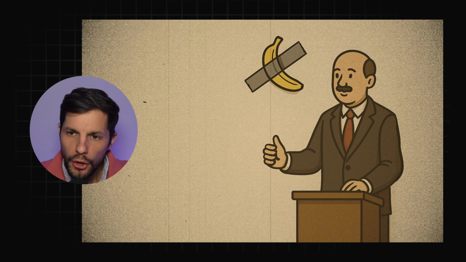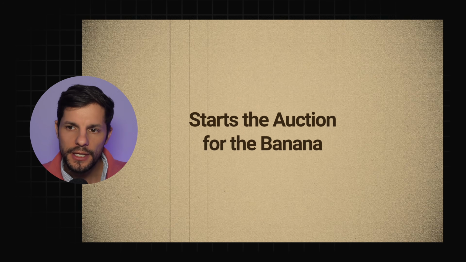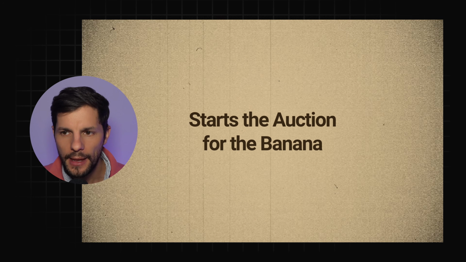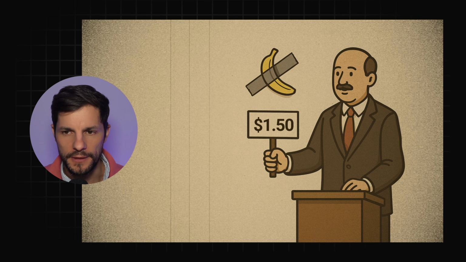Okay, so now before we move on to a real life trade example, let's go back to basics. Let's take ourselves out of the trading context and see how a real auction works. An auctioneer starts the auction for a banana at $1.50.